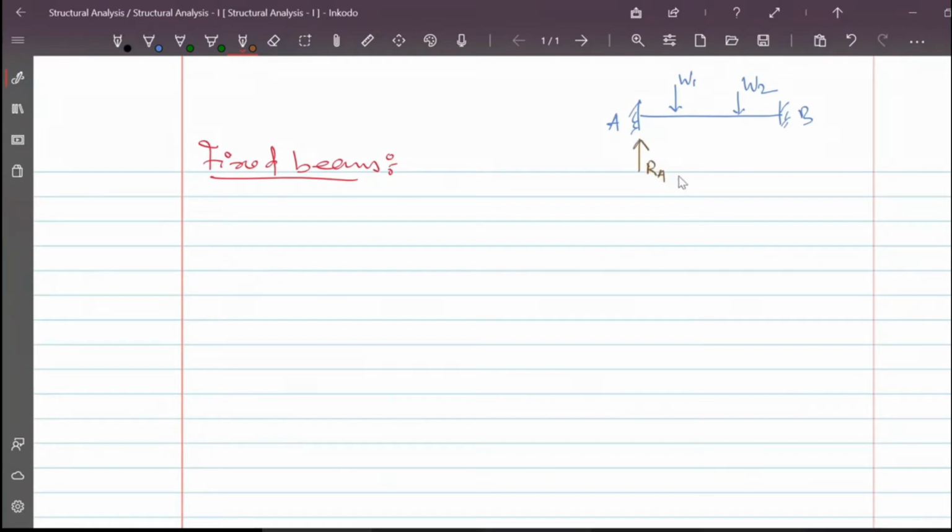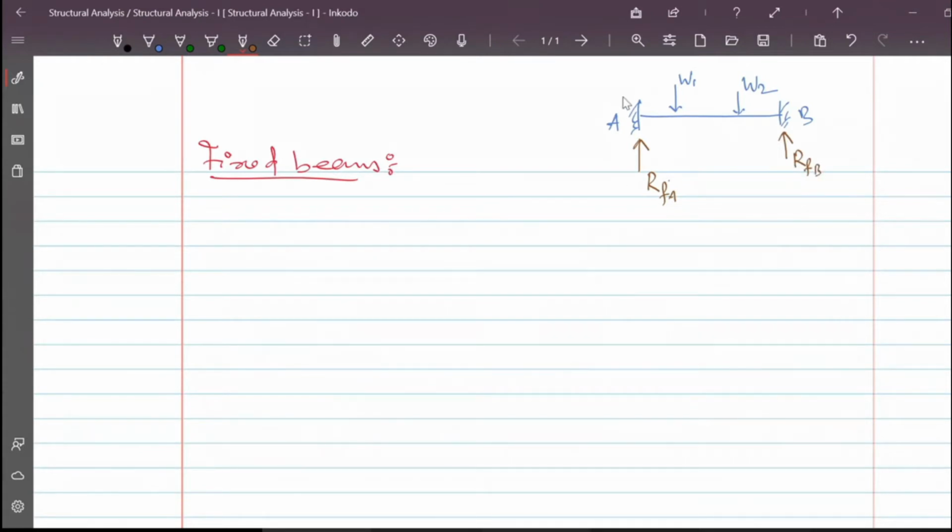Let us represent this reaction as RFA, that is a reaction for fixed beam at support A, and here we have the reaction for fixed beam at support B.